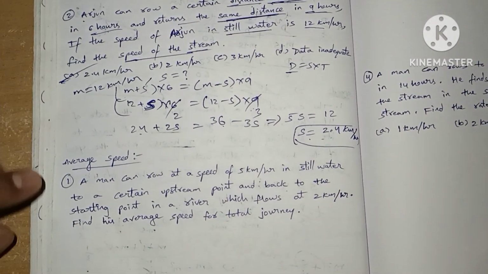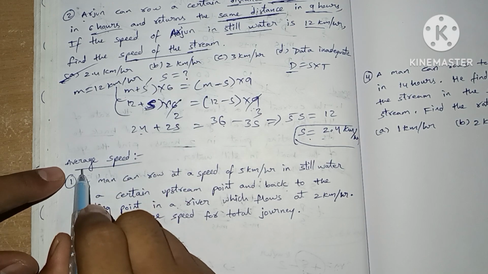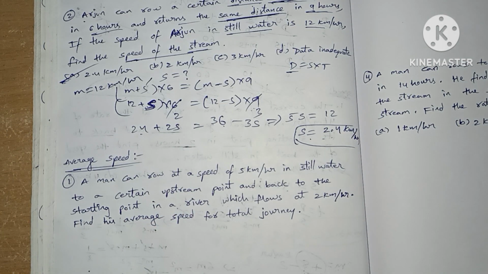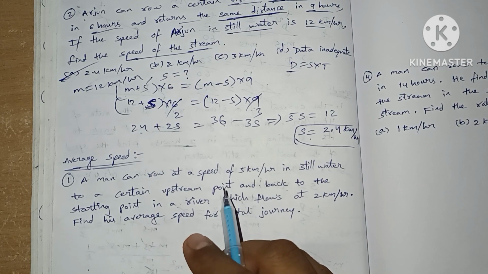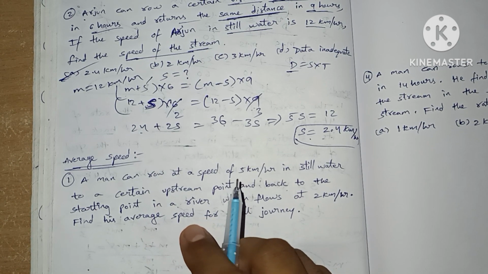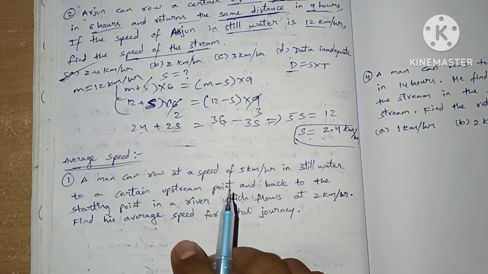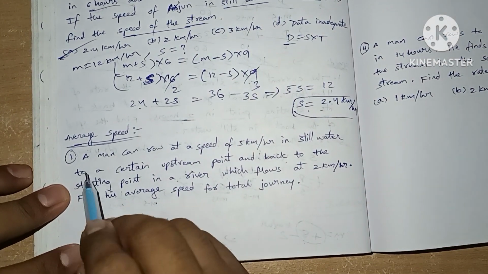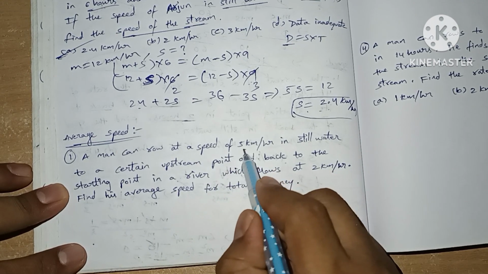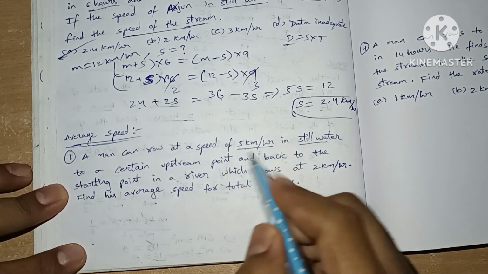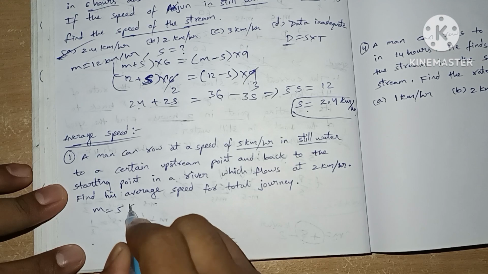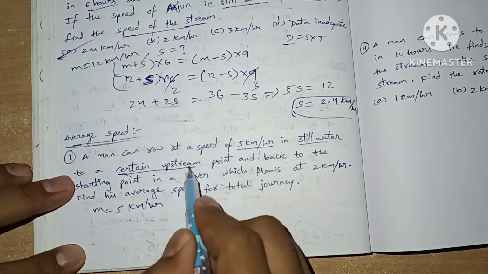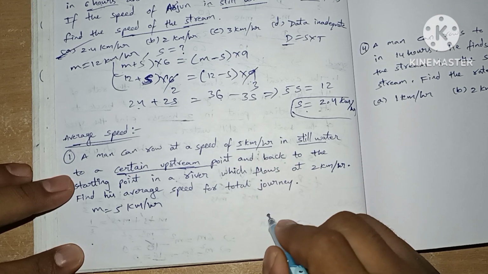Now in this topic we are going to see the concept called average speed. We already learned the concept of average speed in the time and distance topic, and now we are going to do it in boats and streams. A man can row at a speed of 5 kilometers per hour in still water, so M is 5 kilometers per hour.